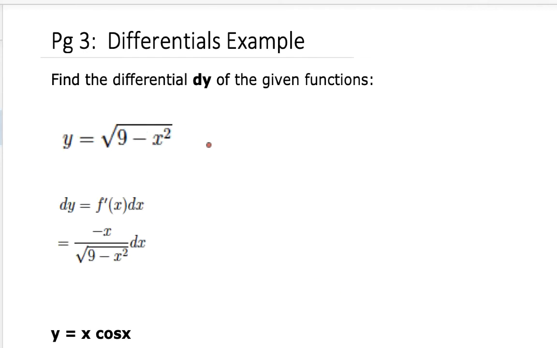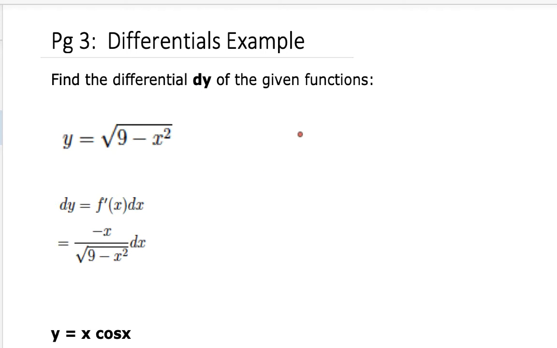Now, the first example we're going to do is just practice finding these dy's, applying the formula. It is basically a practice of our differentials. So if my y is given to be the square root of 9 minus x squared, how will we write the differential of y? As taking the differential of this y.